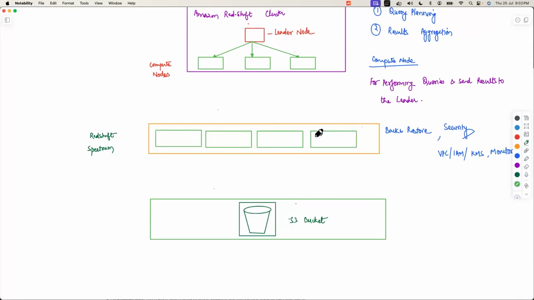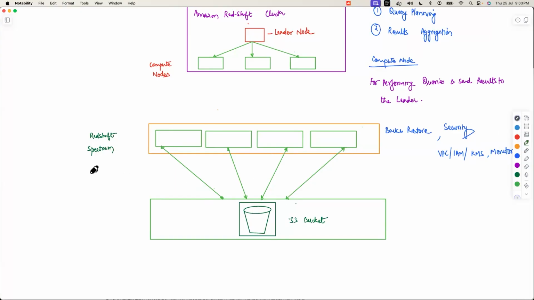These are the nodes sitting as a part of your Redshift cluster. So it is trying to query whatever data is sitting in S3. It keeps on querying and getting results as well. I am not creating multiple arrows, but consider that a lot of queries are coming and they're getting responses, right?